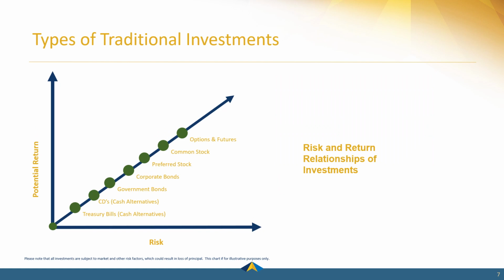So with those topics covered, let's talk about building portfolios. In modern portfolio theory, there is something called an efficient frontier. An efficient frontier is a set of optimal portfolios at different levels of risk that offer the highest expected return for a defined level of risk, or the lowest risk for a given level of expected return.